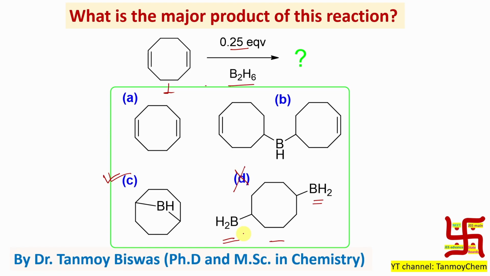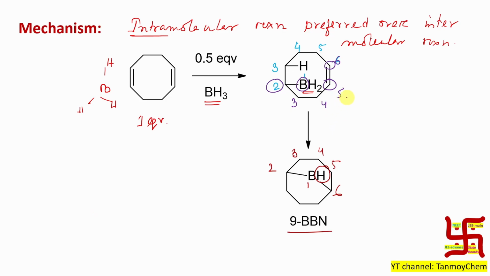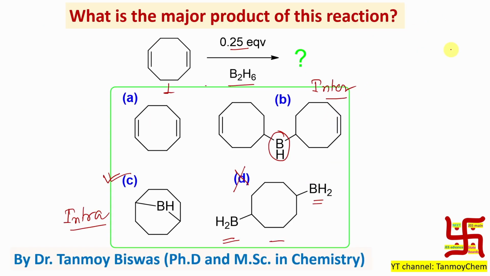Students, do not get confused: intramolecular reactions are always preferred over intermolecular. This one is obviously no reaction, no reaction will not happen. So what is the answer? Obviously this. It is very easy if you think logically.